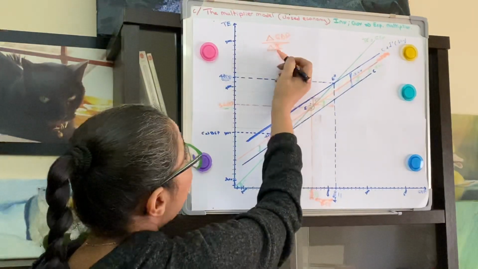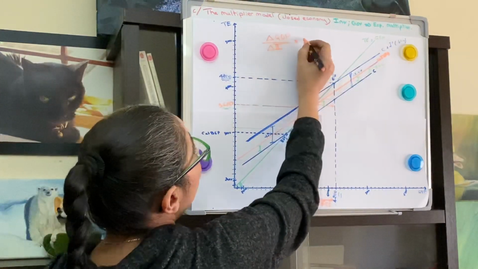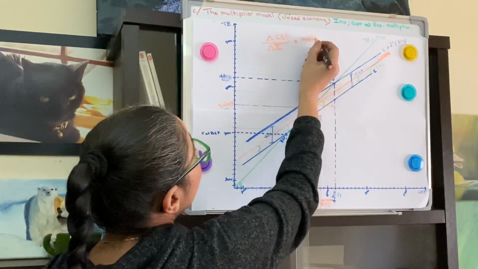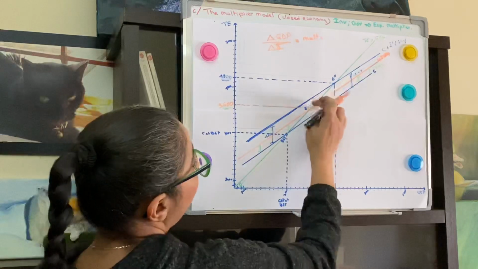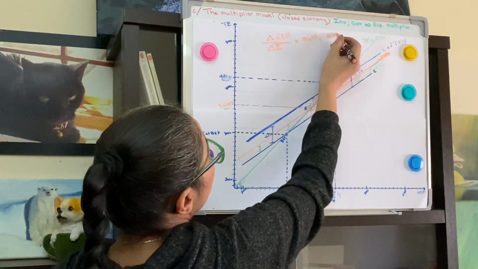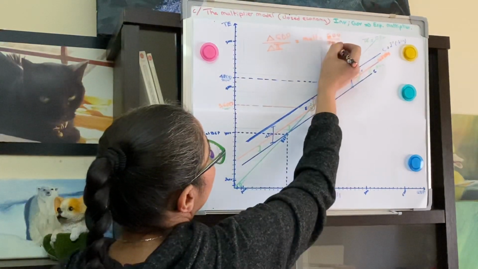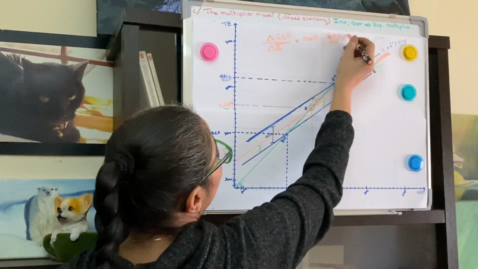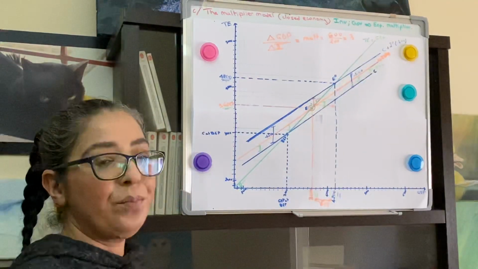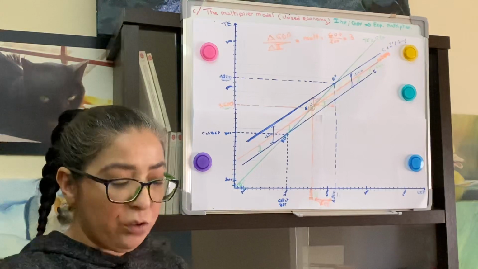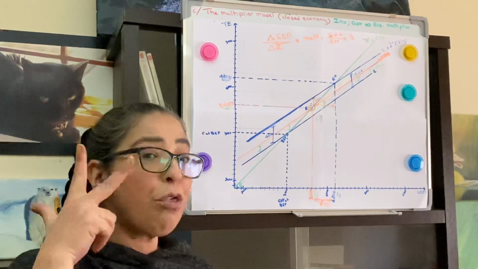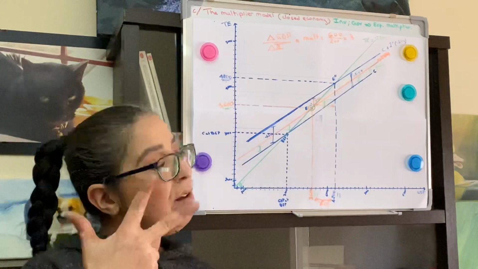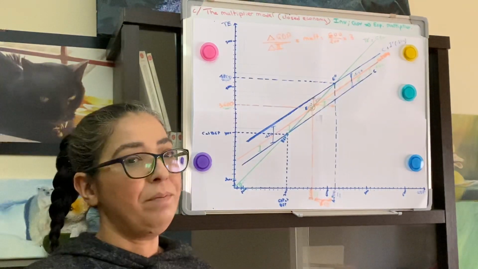So delta GDP over delta I is equal to your multiplier. Here it's equal to 600 over 200 in this case, which is equal to 3. So each dollar that you add in investment brings you $3 in GDP.